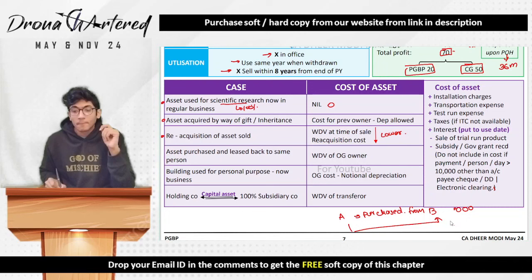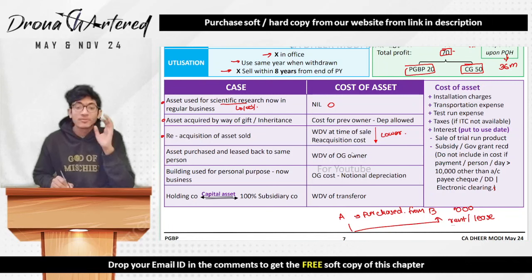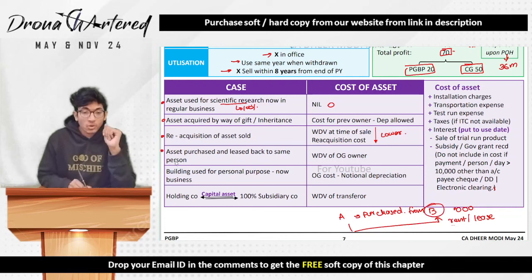So in such a case, what will be the cost of acquisition? The cost of acquisition will be the WDV of the original owner. That is, whatever was the WDV of B, this will be the cost of acquisition, not the actual transaction price.